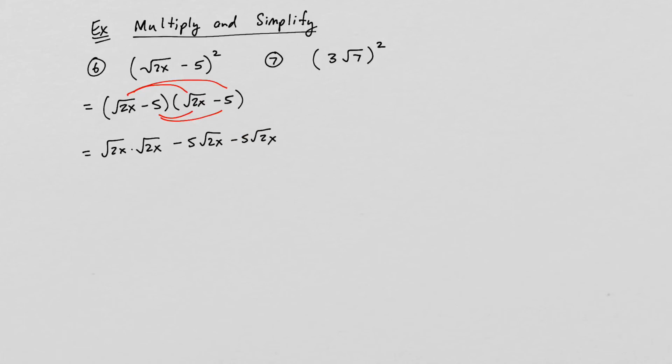And finally, negative 5 times negative 5 is positive 25. Now, radical 2x times radical 2x is 2x. Negative 5 radical 2x and negative 5 radical 2x is negative 10 radical 2x. And then finally, plus 25.